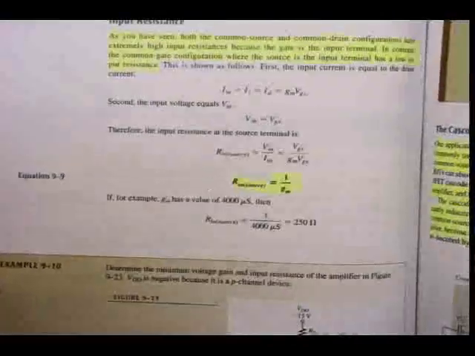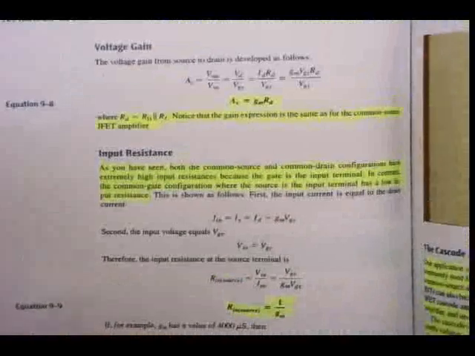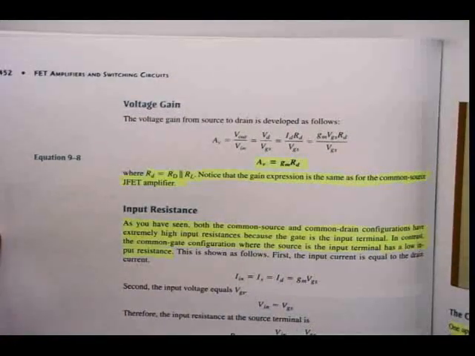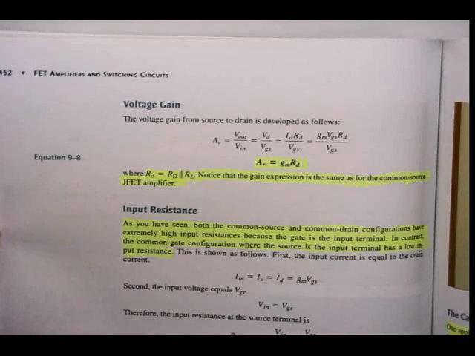Alright, the voltage gain in this case, as we've seen, is always output voltage divided by the input voltage. For this specific configuration of amplifier it is Vd over Vgs. Replace Id rd over Vgs.